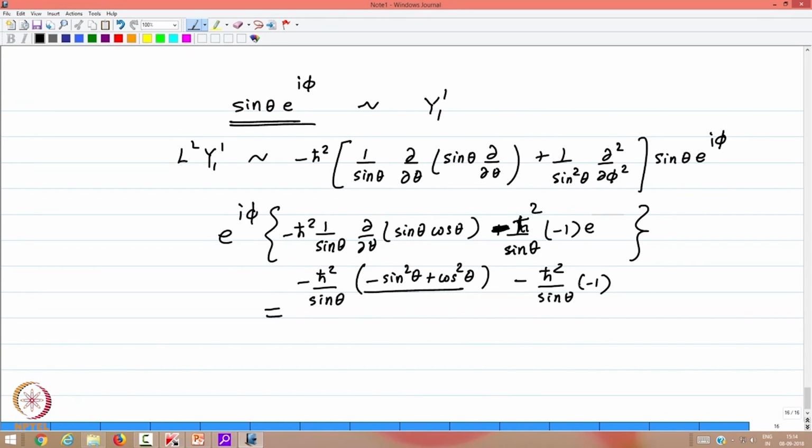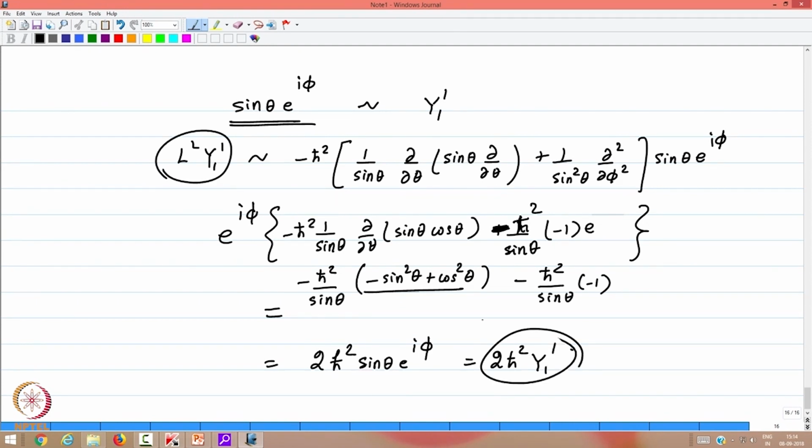So, you can see that 1 minus cos square theta is sin square theta. So, you will get 2 sin theta. So, eventually, when you do the algebraic simplification, this gives you 2 h bar square sin theta e to the I phi, which is nothing other than 2 h bar square y1 1. So, L square on y1 1 gives you L into L plus 1 h bar square y1 1.